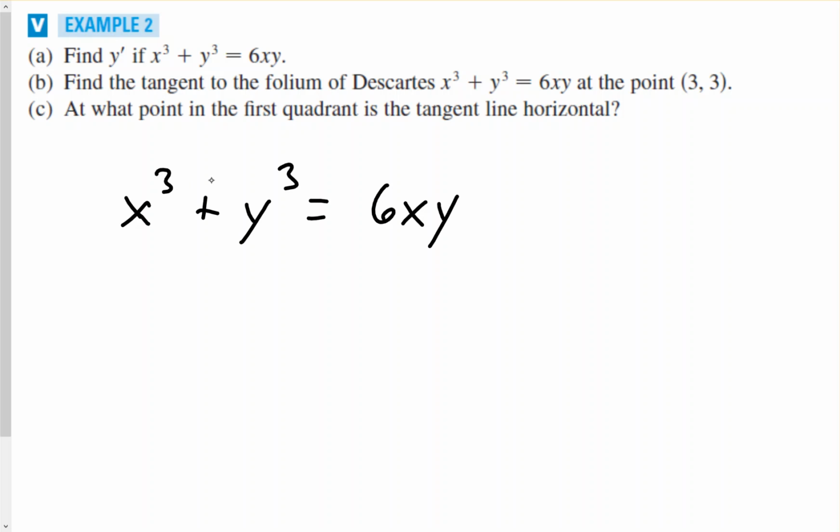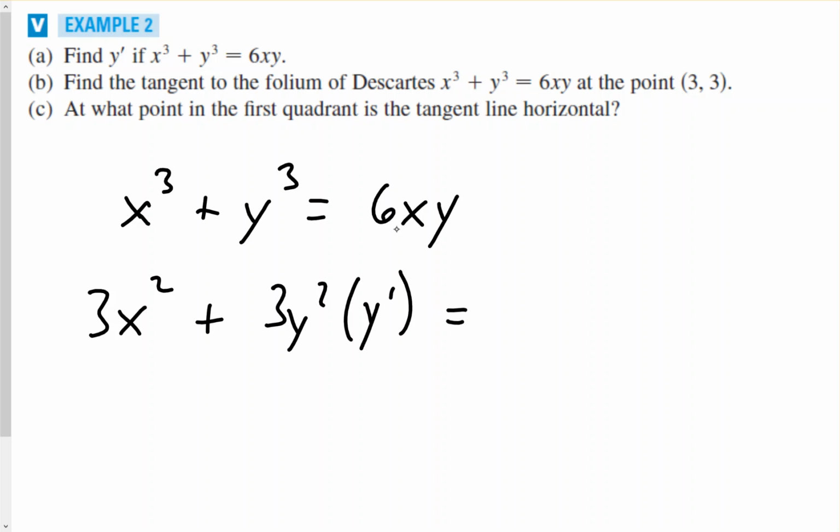When we take the derivative of the left, we have 3x squared plus 3y squared times dy dx, or let's do y prime since they want y prime, equals, on the right this will be a product rule, so we could do 6x times y prime, plus y times the derivative of 6x, which is 6.